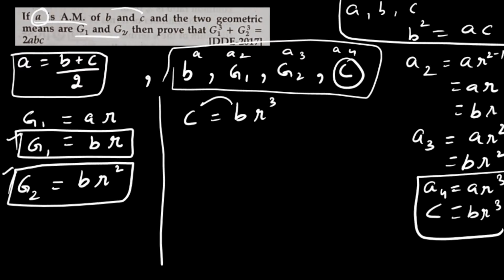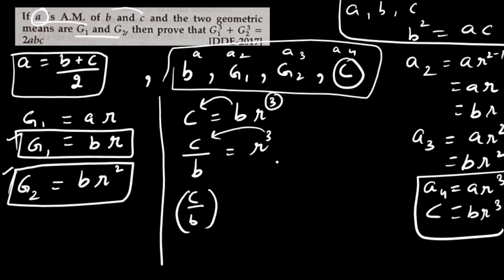I'll just shift because I need the value of R for substitution. If I shift B to the other side, it will become C by B is equal to R cube. Now if I shift this cube to the other side, it will become a cube root.